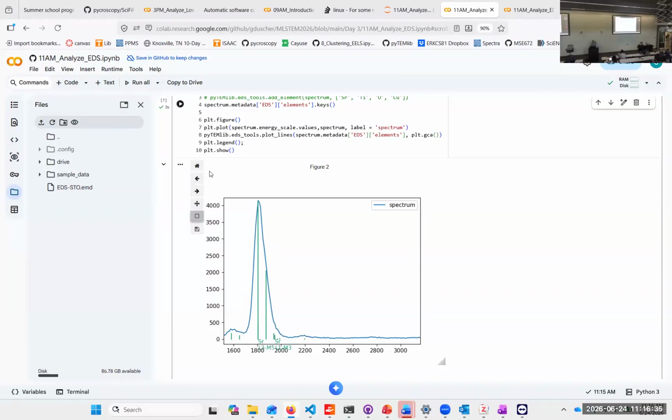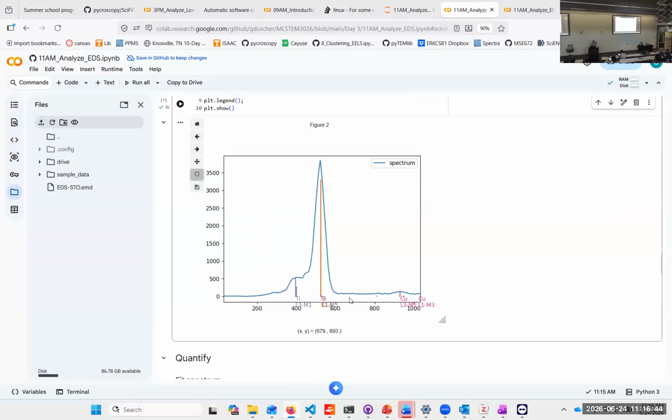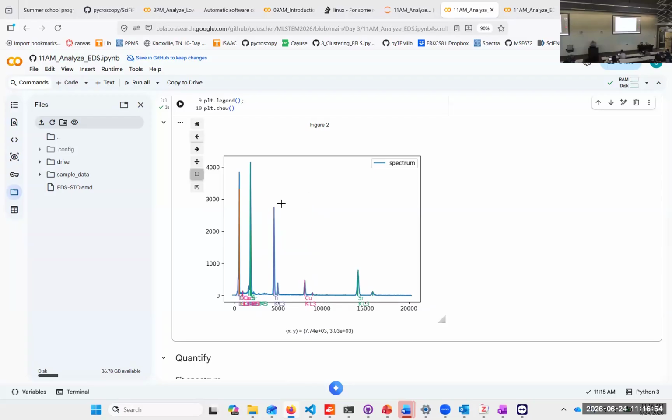Then the next thing to do is I do that again with whatever is left over, the next strongest peak. And titanium I haven't subtracted, so it's still there, right? So I subtract all the titanium peaks, however large they are. And then I move along.